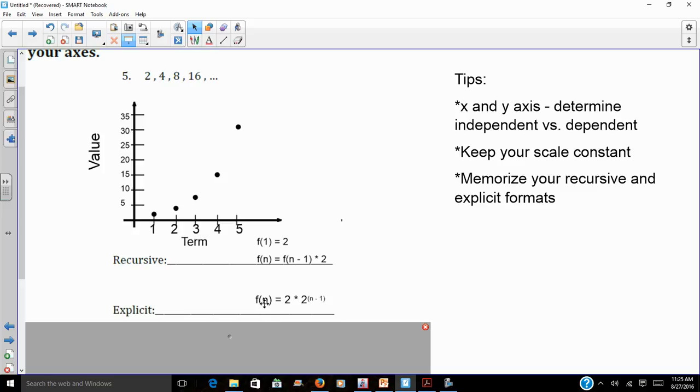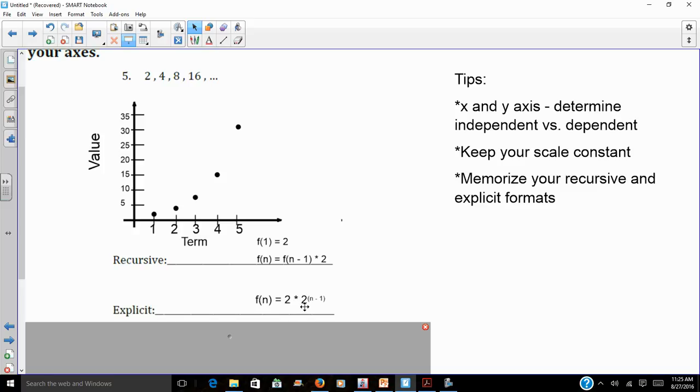So we have f of n equals 2, which happens to be the starting point, f of 1. That's how we have labeled it. The 2 is the starting number, and that's what goes first. From there, we repeatedly multiply by 2. That's this r value, the common ratio.